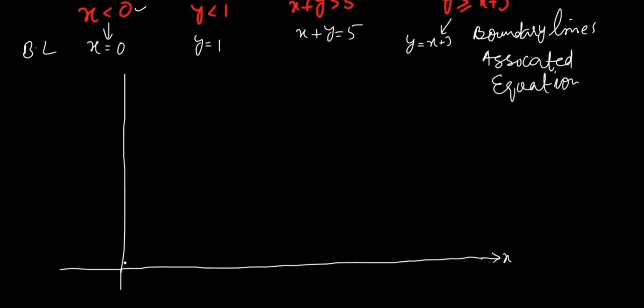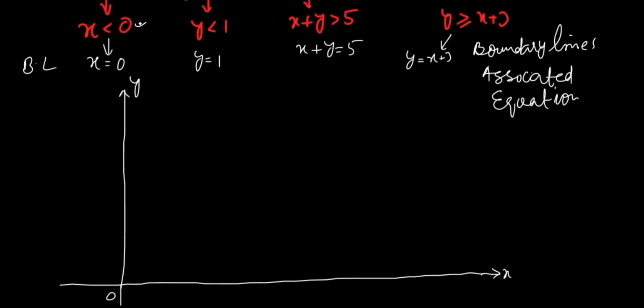This is our x-axis, this is the origin and this is the y-axis. So firstly we draw the graph of x less than 0. Its boundary line is x equal to 0. Do you know x equal to 0 is actually the y-axis. This is the y-axis.